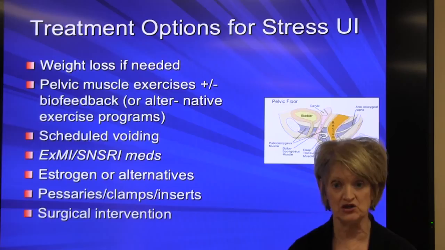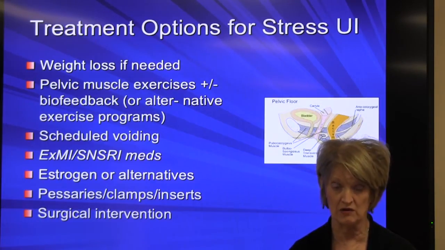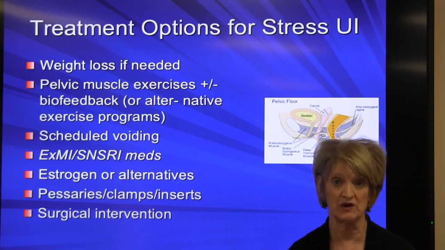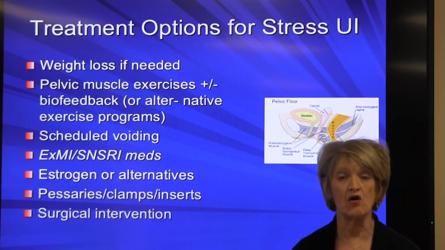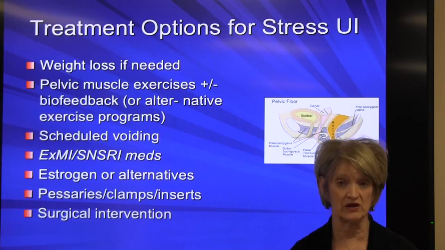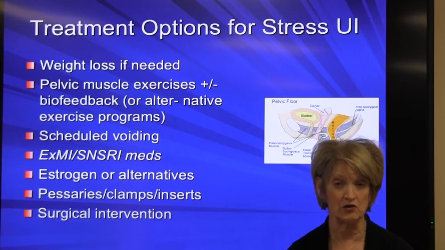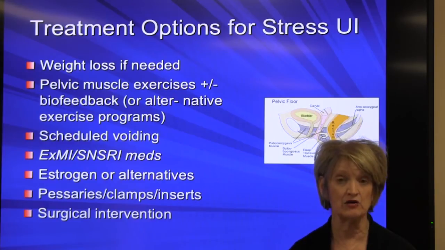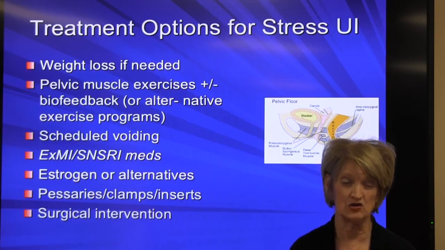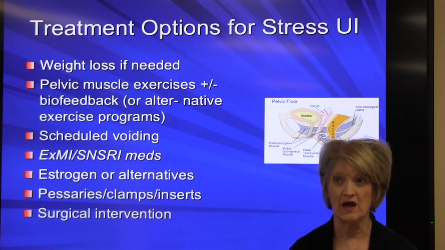What if you have a patient who cannot use topical estrogen because of a history of breast cancer? There are increasing numbers of intravaginal gels that help to hydrate and lubricate the vaginal and the urethral epithelium that could be beneficial to the patient with stress incontinence who is unable to take estrogen.